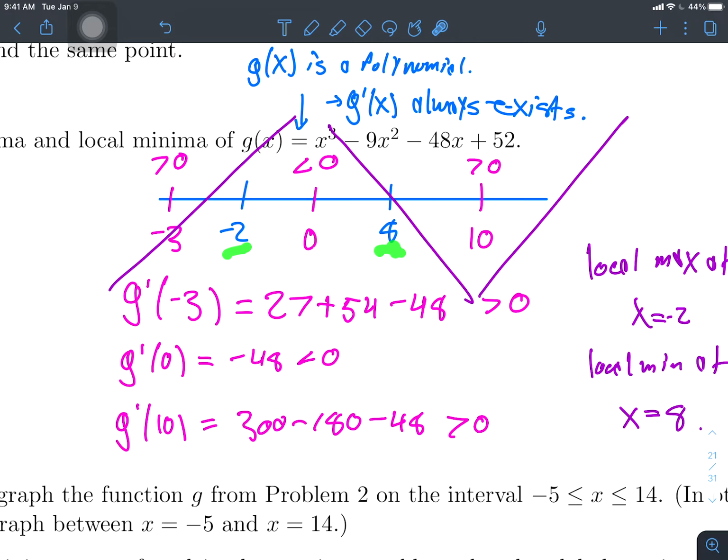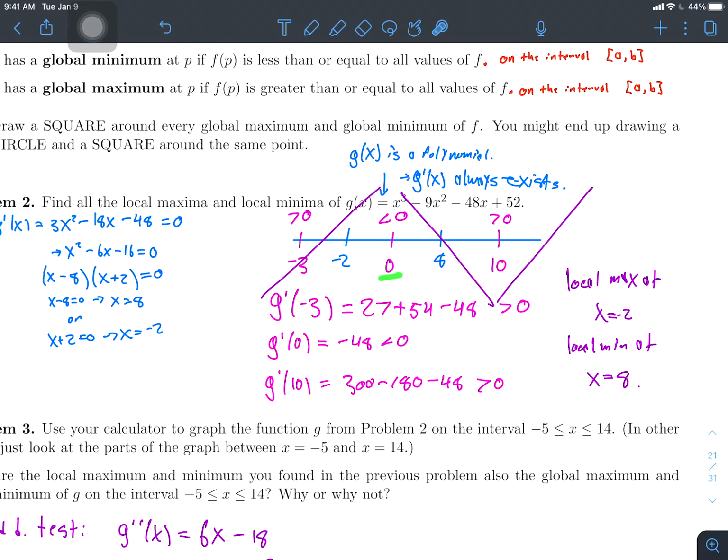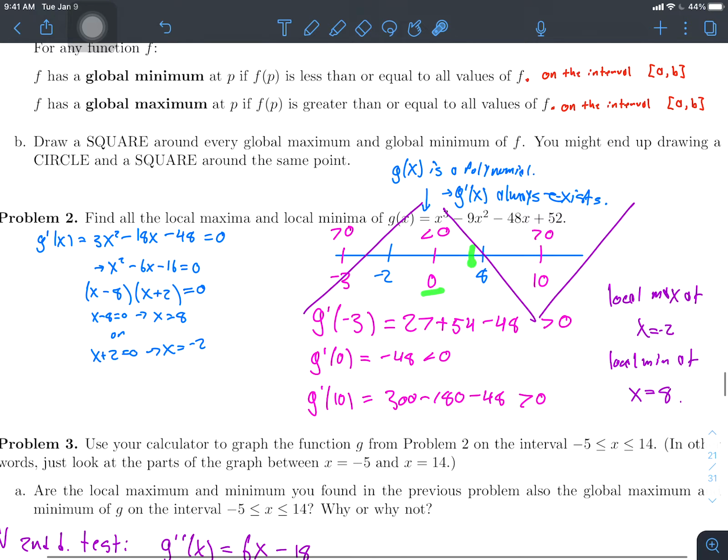Beyond that, the only thing that I like to do for choosing the test points is I like to choose points that are easy to plug in. So why did I choose 0 instead of 7? Well, if I choose 7, I have to plug it into this thing, and I'm going to have to do 3 times 49, and that's annoying. I'd much rather do 3 times 0. 3 times 0 is my favorite type of calculation to do.